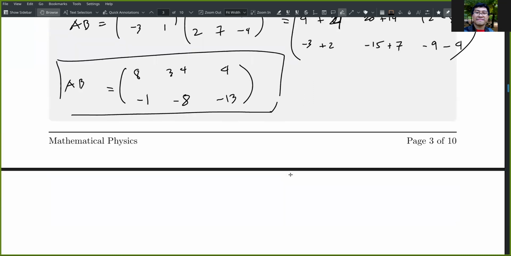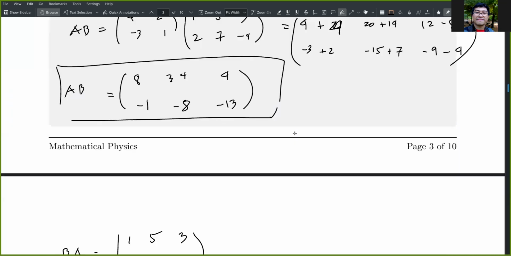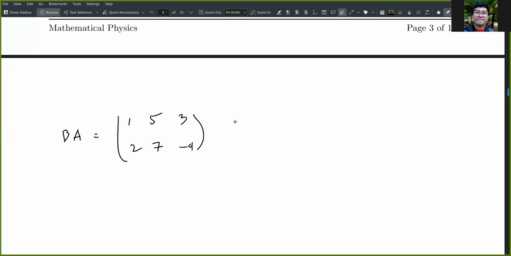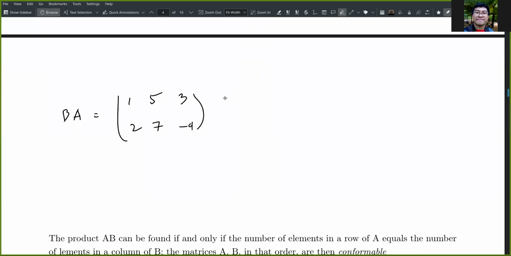How about BA? What happens if you solve for BA? BA becomes, so B is 1, 5, 3, 2, 7, negative 4. Okay, this. A is 4, 2, negative 3, 1.